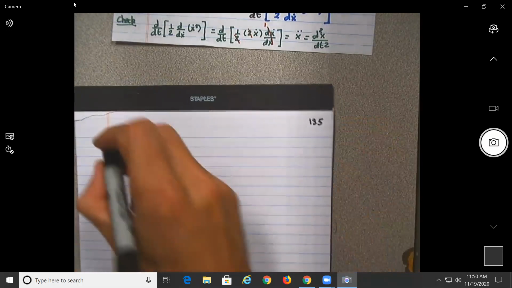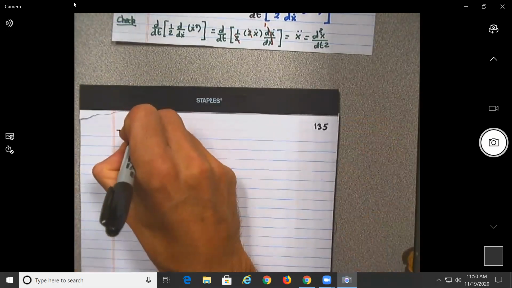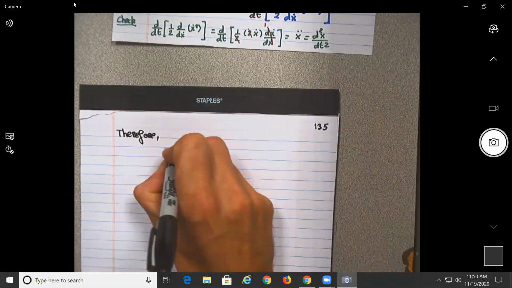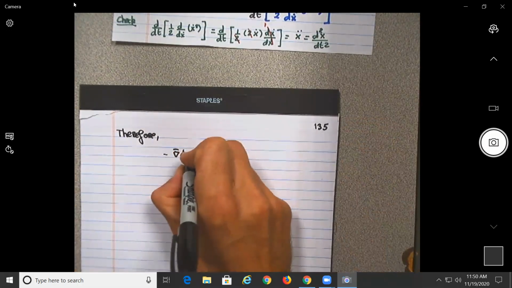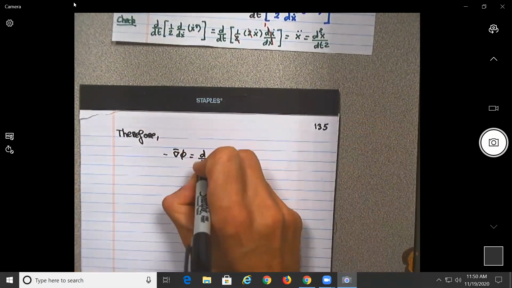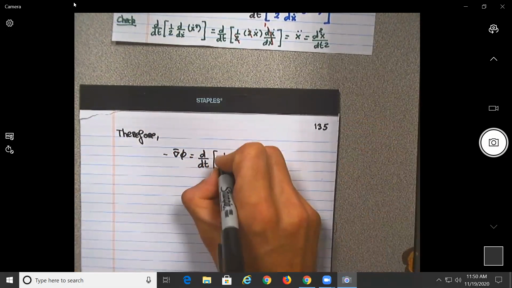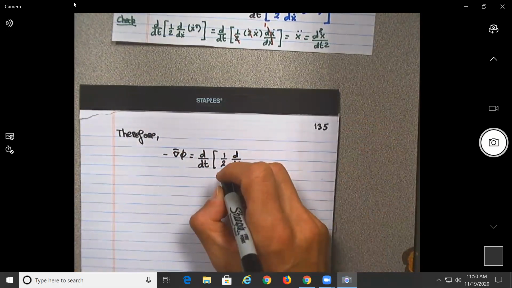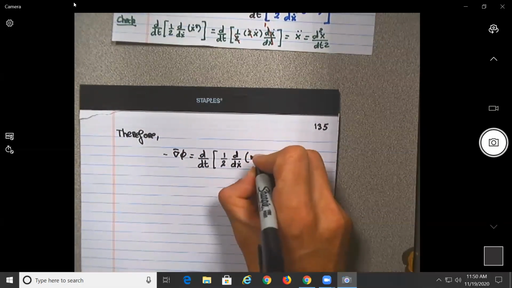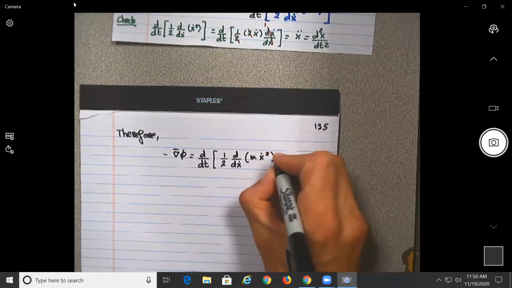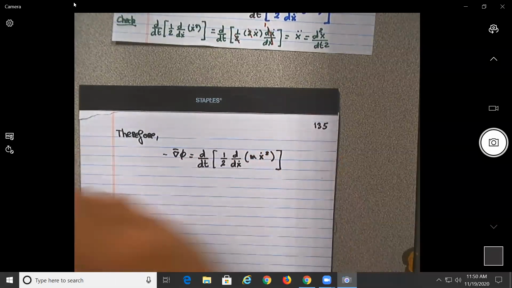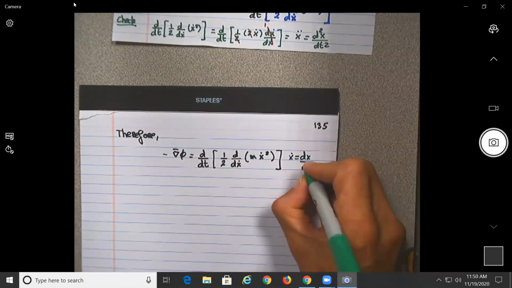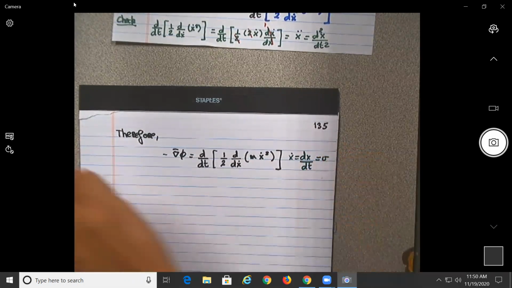So let's see, I can write here, therefore, we have that minus phi will be equal to d/dt of 1/2, d, this is the term that I forgot, d/dx dot of m x dot squared. We say that x dot equal dx/dt, same thing as the velocity.